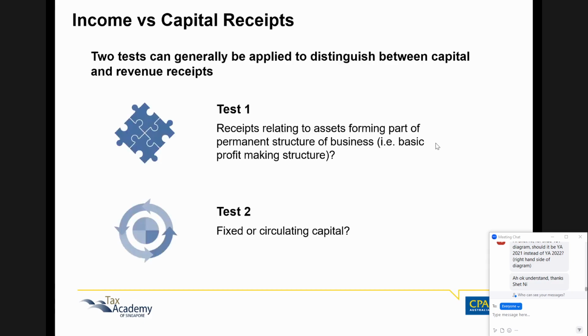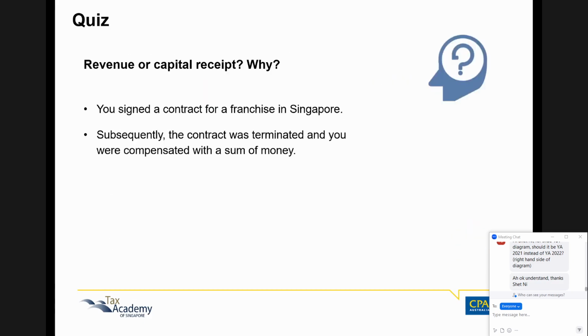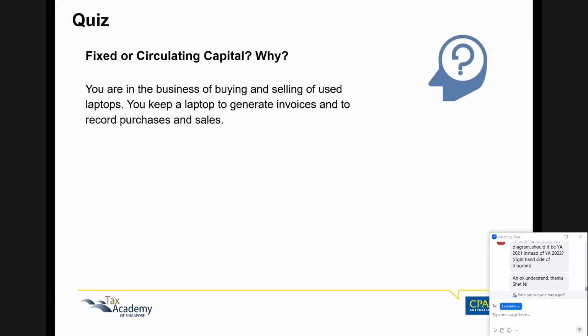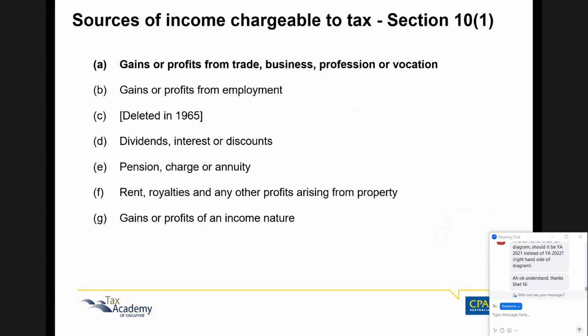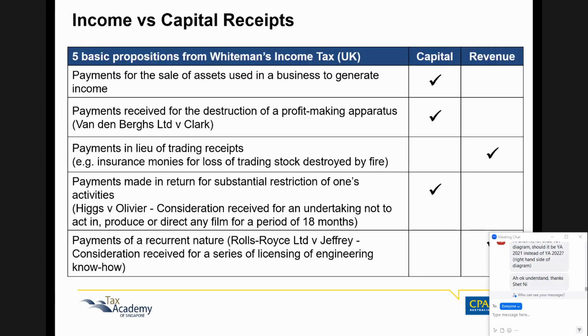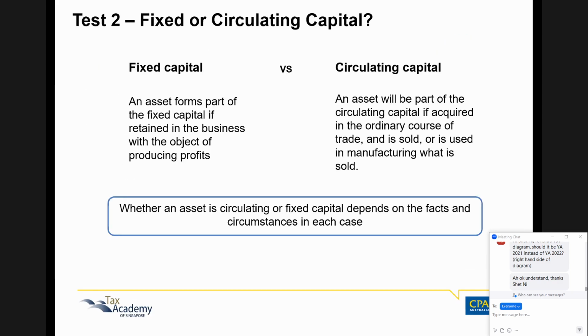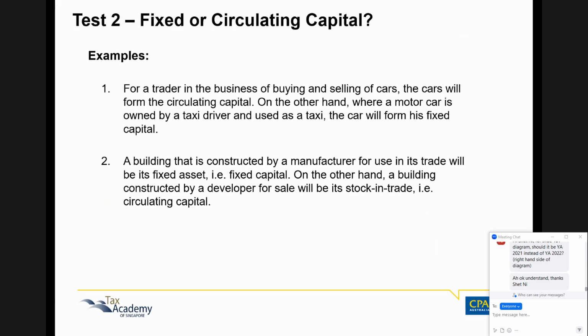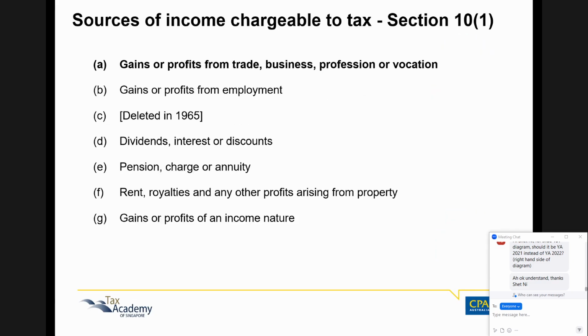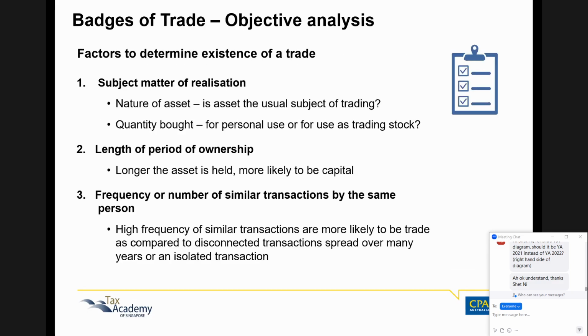Okay, so income, you know what is taxable and what is not taxable generally, like I say, short question answer. Chargeable because it's taxable, because it's in the course of business, revenue in nature.